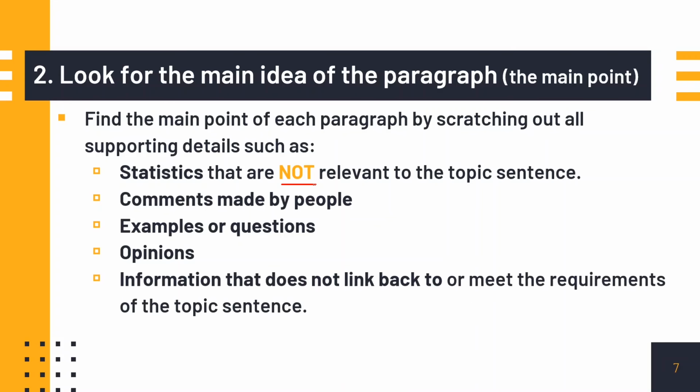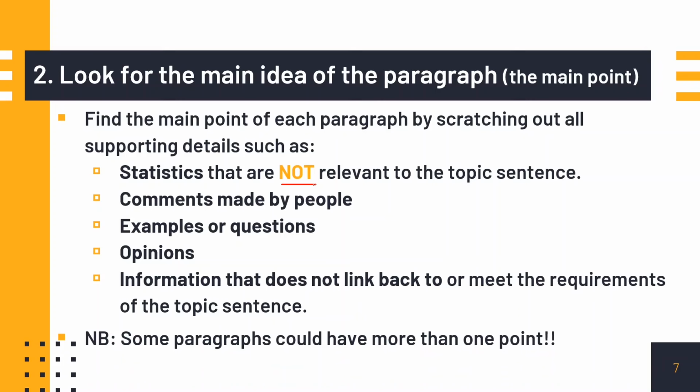Information that does not link back to or meet the requirements of the topic sentence should be scratched out. Once you have eliminated all of the supporting details, your main point will become clear. It is important to note that some paragraphs could have more than one point. Some paragraphs could have no points at all, and others could have more than one point.